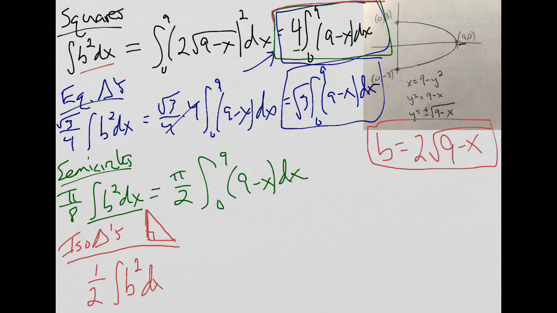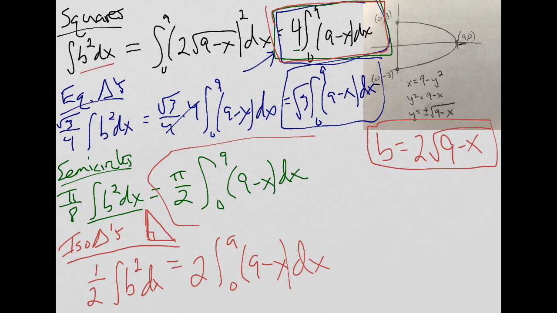So I'm going to just, once again, reuse that formula right there. So I just multiply that by a half, which gives me 2 integral 0 to 9 of 9 minus x dx. So those are my 4 answers.